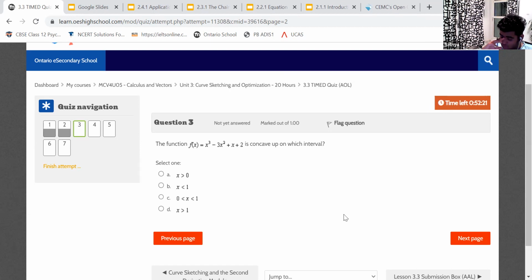F double dash x is 6 into x minus 1, which is greater than 0.